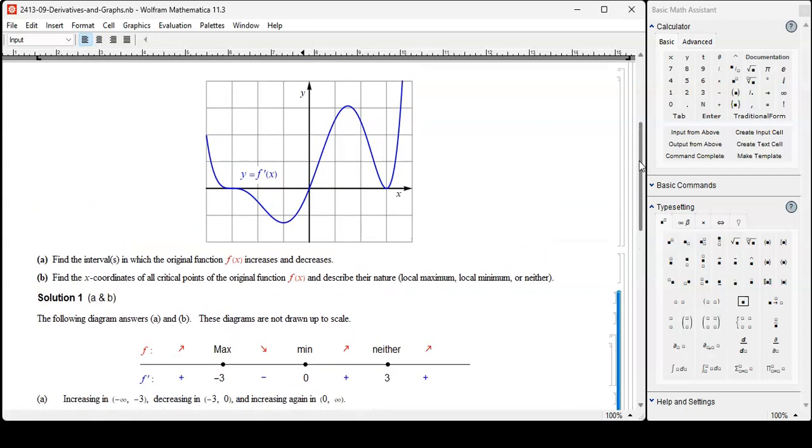X-coordinate of the critical points, in other words, the x-intercepts of the derivative function, and then above the x-axis, positive derivative, so original increases. Below the x-axis, negative derivative value, so the original decreases. Put those, and then we get this diagram. And then you can mark maximum, minimum, or neither.